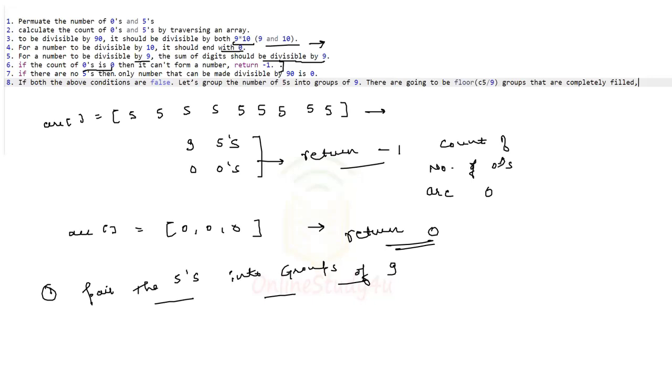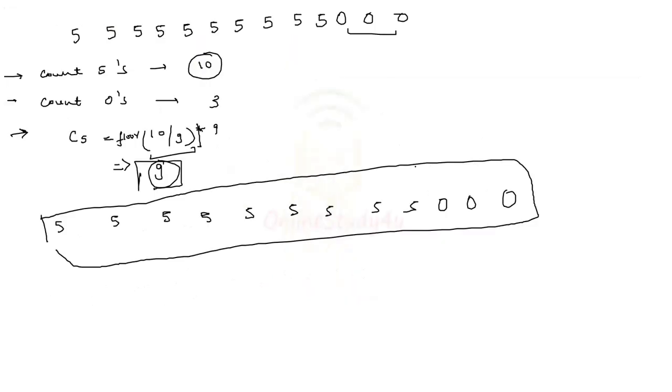After that you can print your number of fives till C5, and at last you can embed the number of zeros that you were having. Okay, correct. So I will code this problem.